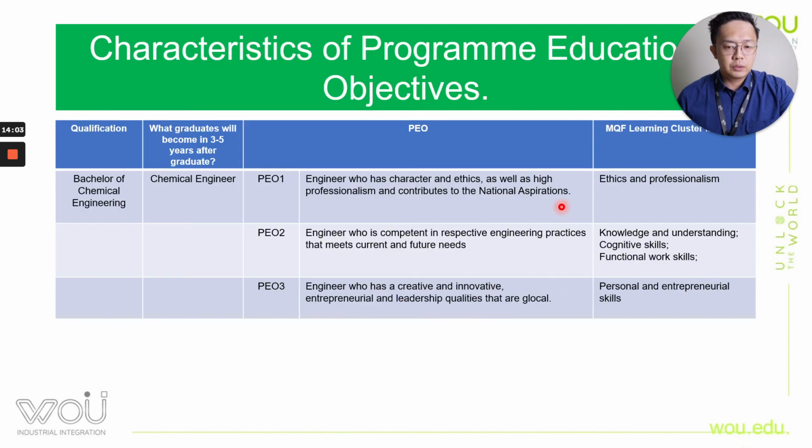If you look at the example program educational objectives over here, you have stated what the graduate will be in 3 to 5 years, and then all these PEO are mapped to the MQF learning clusters respectively. So this is what we call the mapping, how the mapping can be done. Basically this is an example of how we can write a good program educational objective.